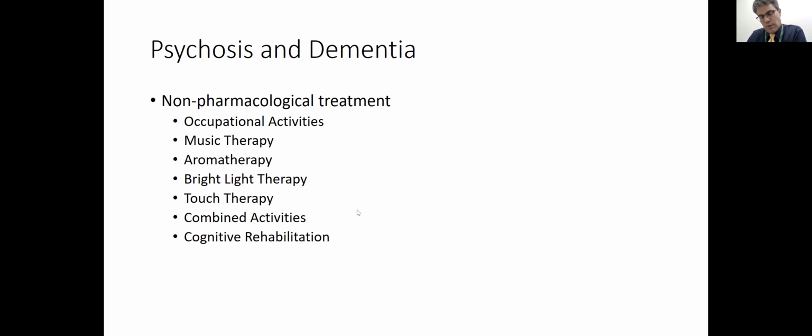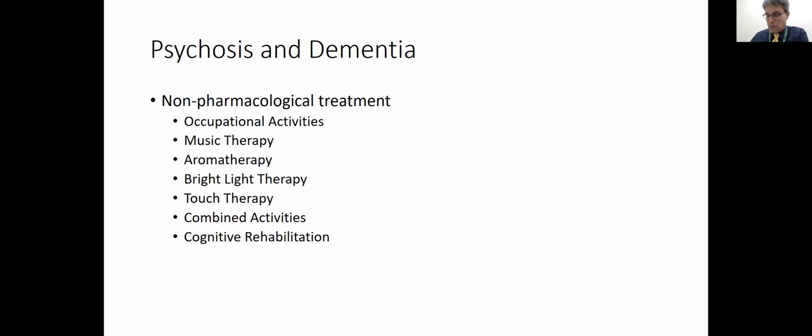So psychosis and dementia, this is a little bit more of a mixed picture. It was a little harder to find some non-pharmacologic treatments for this. Again, they used similar treatments to all the other ones, and some of these were not typically used just for psychosis. Some of them were used for more behavioral disturbances in people with dementia, so that made it a little bit more difficult.